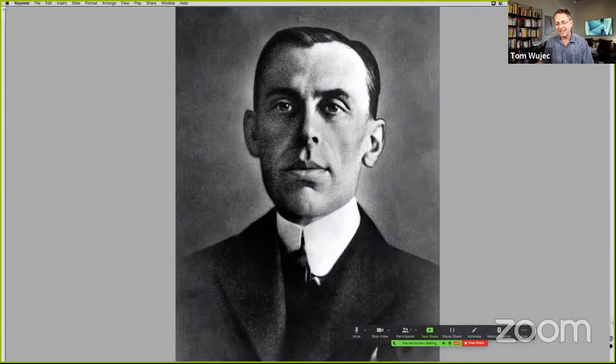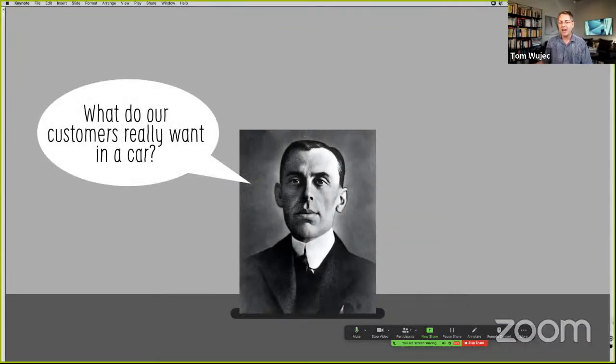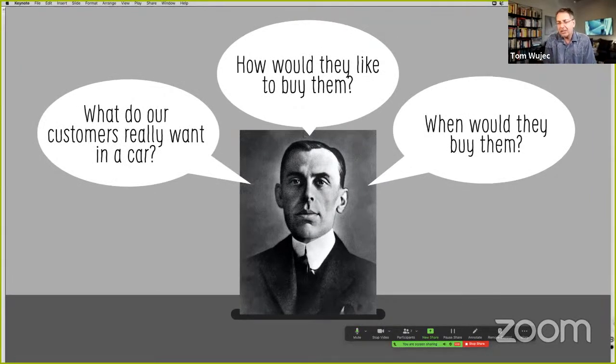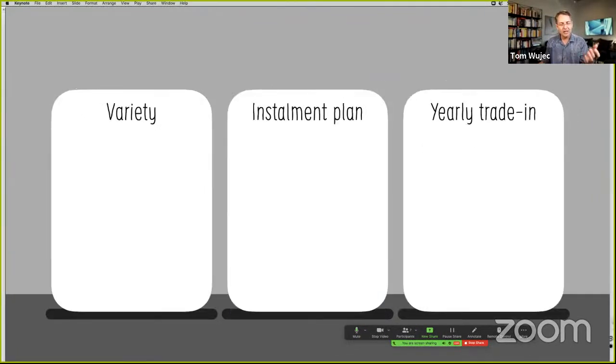Then there came this other guy named Mr. Sloan, Alfred Sloan, who asked a bunch of other questions that look like this. What do our customers really want in a car? How would they like to buy them, and when would they like to buy them? And so these reframed questions led to a series of other activities, like creating different models, different installment plans, yearly trade-ins.